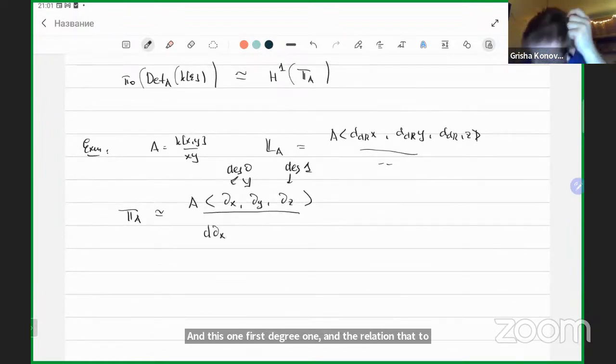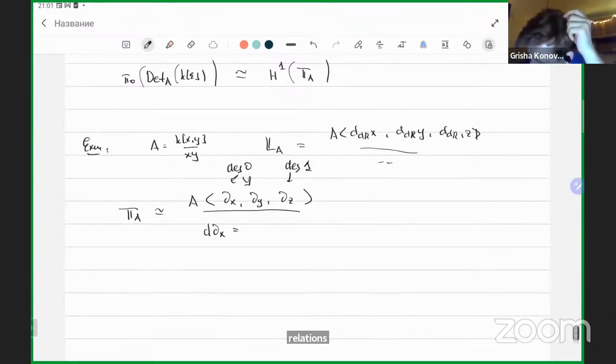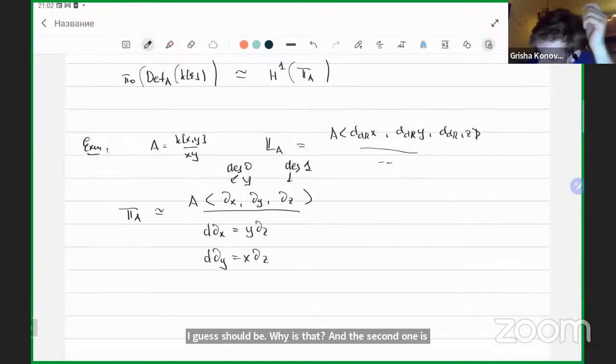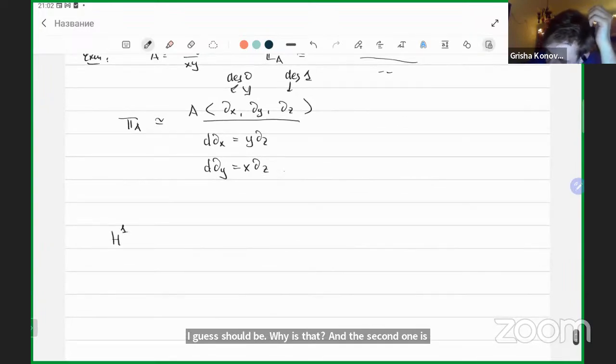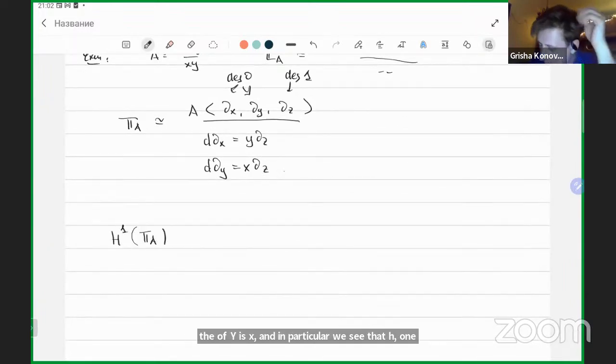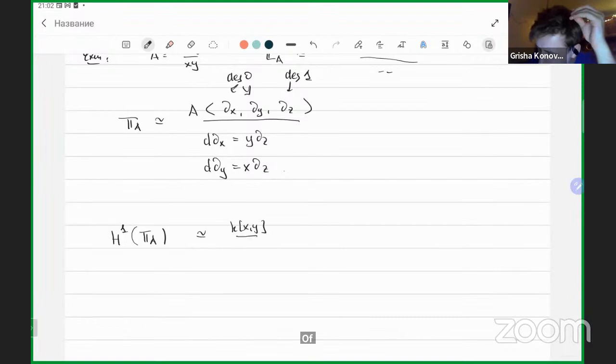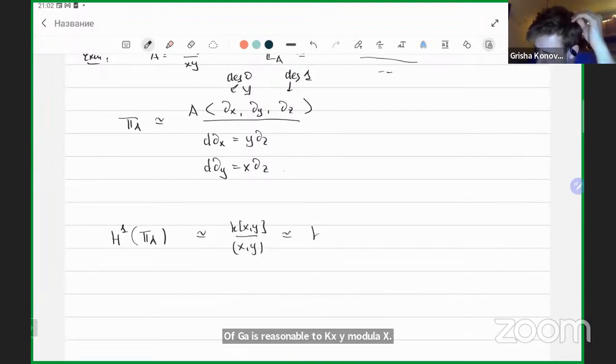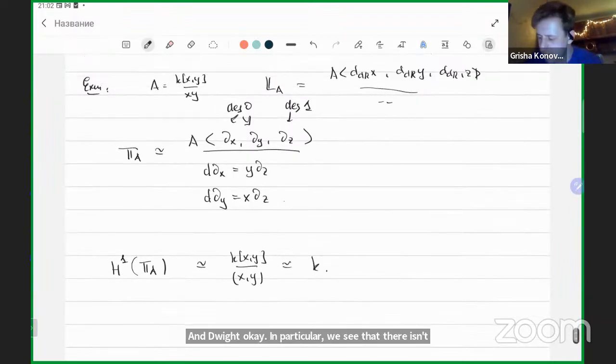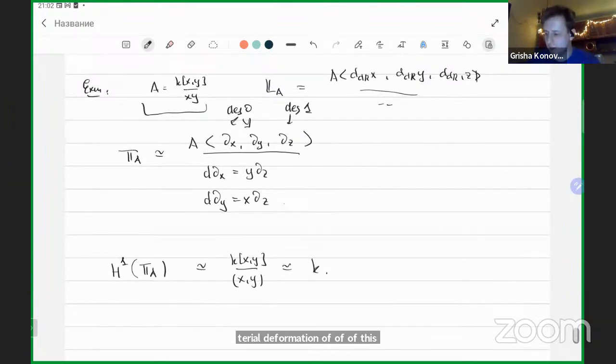The first is d of dx is, I guess, y dz. And the second one is d of dy is x dz. In particular, we see that H1 of T_A is isomorphic to k[x,y] modulo x and y, which is isomorphic to k. In particular, we see that there is indeed an integral deformation of this algebra, which is in fact true, and it could be computed by this formula.